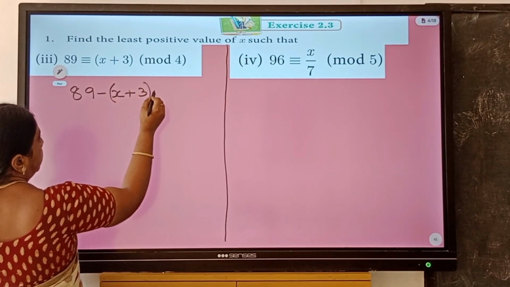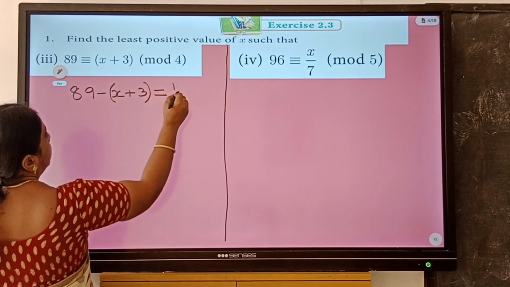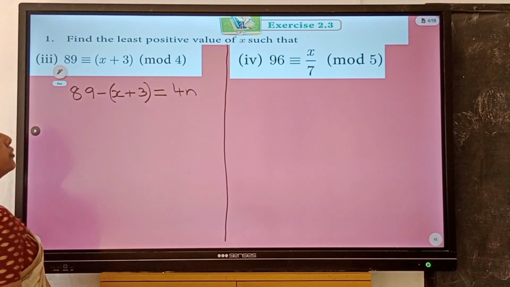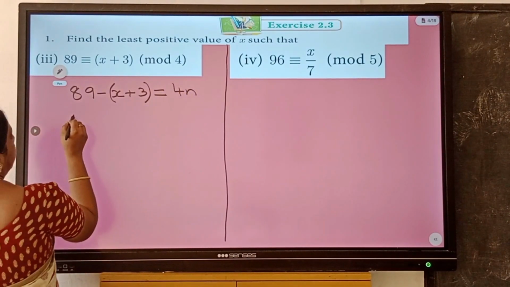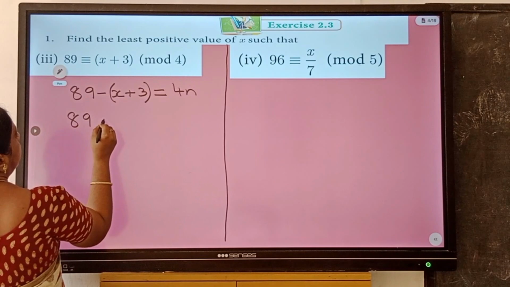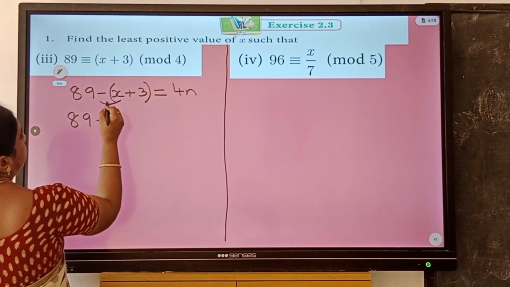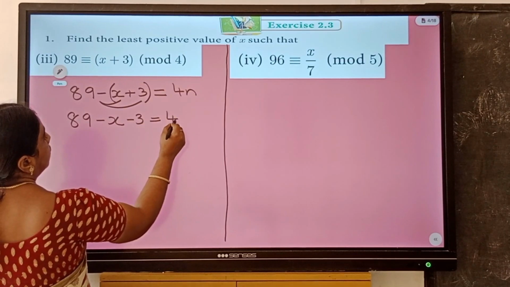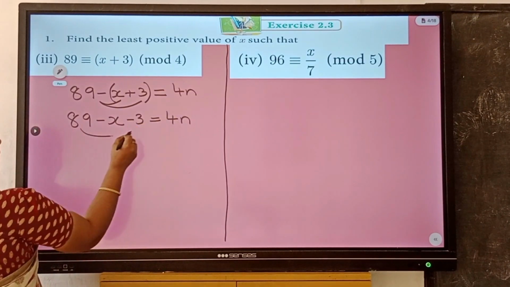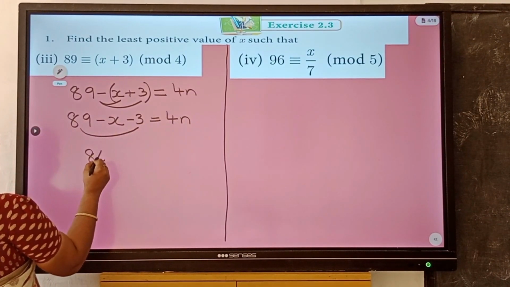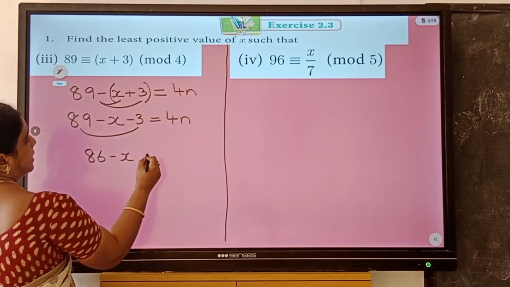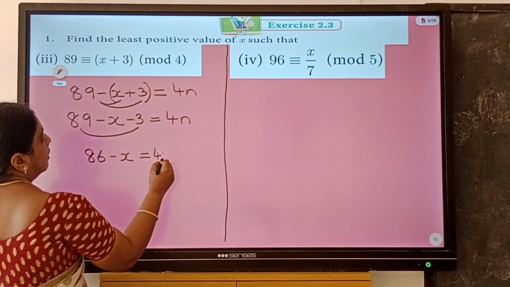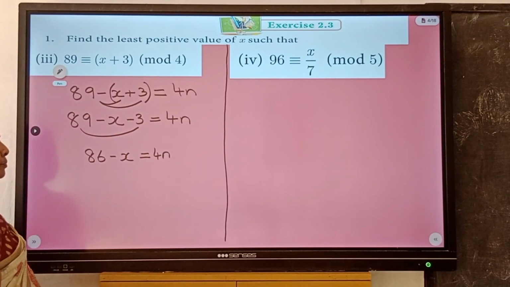Because you have two terms, and mod 4, we will write some multiple of 4n. Now in the next step, 89 minus 6, so we are multiplying inside, minus 3, is equal to 4n. 89 minus 3 is 86, minus x is equal to some multiple of 4.